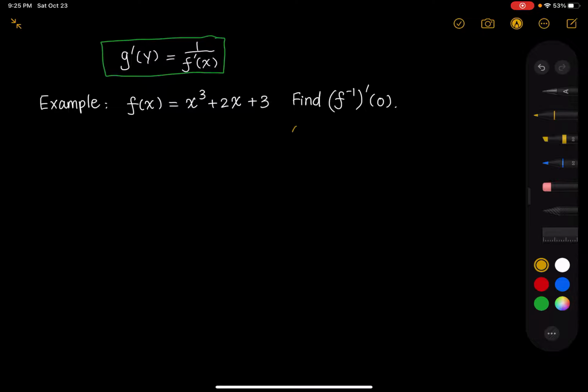I have x comma y is on f, so y comma x is on f inverse. So if I want to find the derivative of f inverse at 0, what I have right here is y equals 0. So I need to find my x.